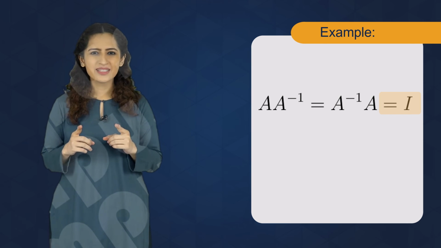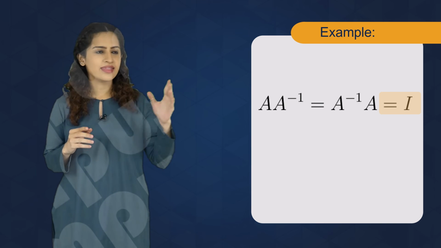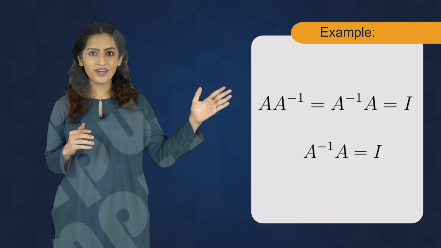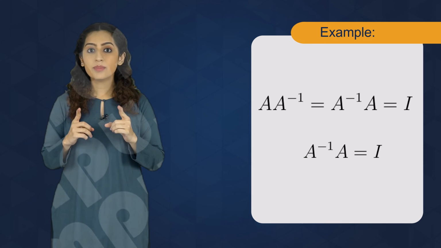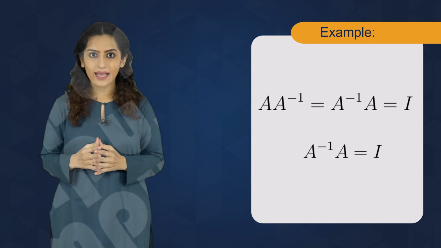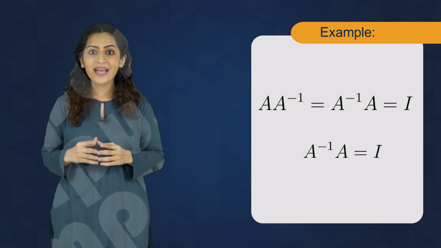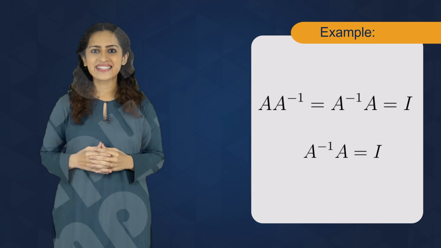We can use it to verify our claim. Just focus on this A into inverse of A equals 1 part. If the matrix that we found is actually the inverse of A, then A by the inverse of A should return a unit matrix.